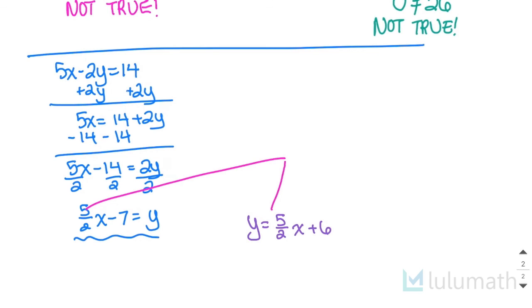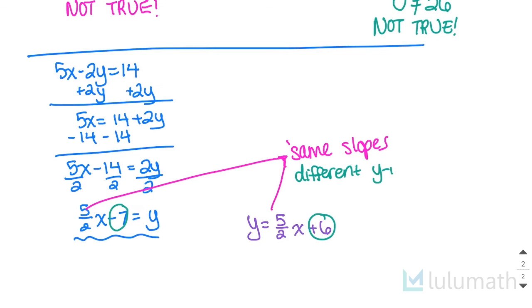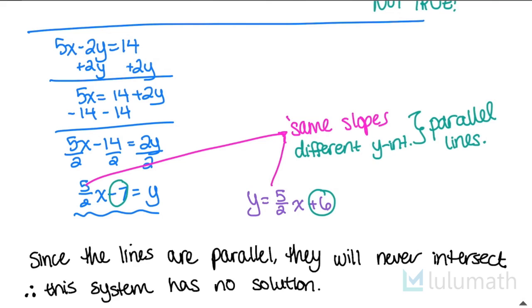So if you notice right here, they have the same slopes, but they have different y-intercepts, which is why we ended up getting parallel lines. So this information here is extremely important. Since the lines are parallel, they will never intersect. Therefore, this system has no solution.